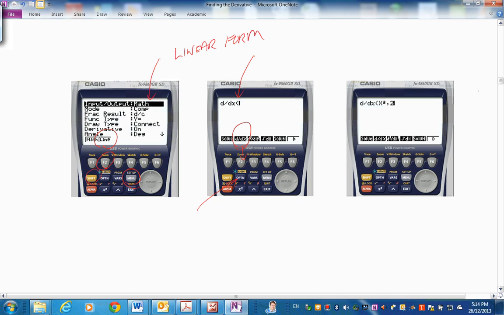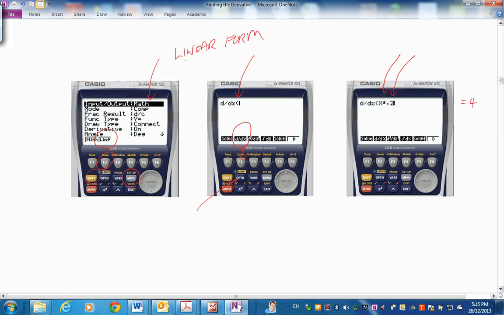And you have to know the syntax. You put in x squared, comma, the number that you want the derivative of x squared to be evaluated at. And if you execute, you would get 4 again.